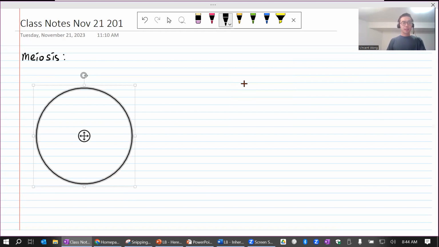So this would be a germ cell. Germ cells are diploid, 2N, and they are found in reproductive organs, the gonads.